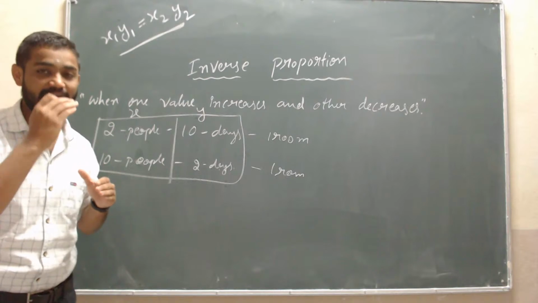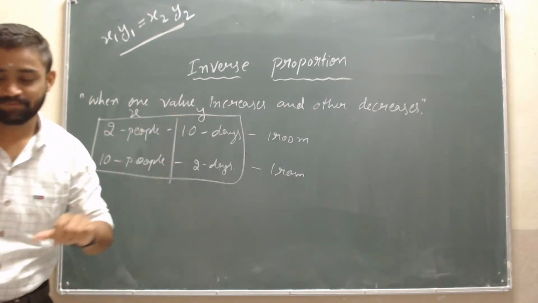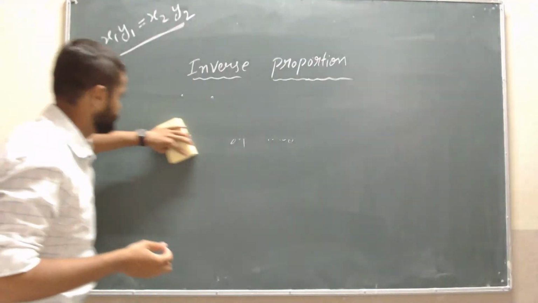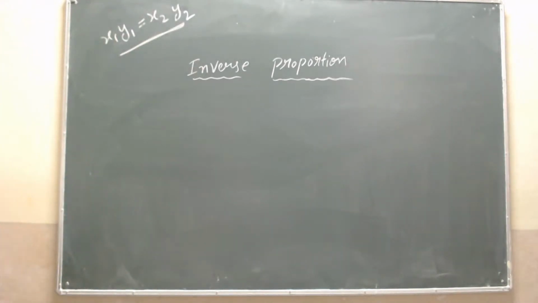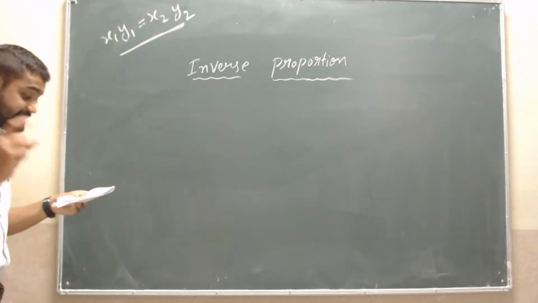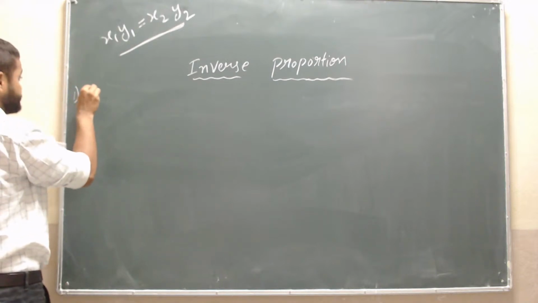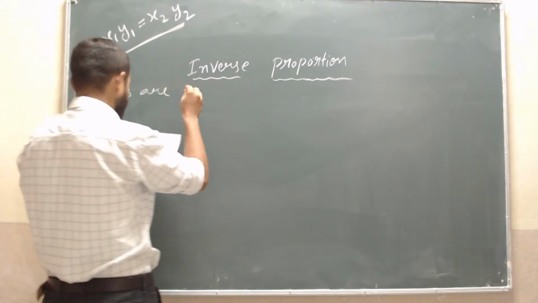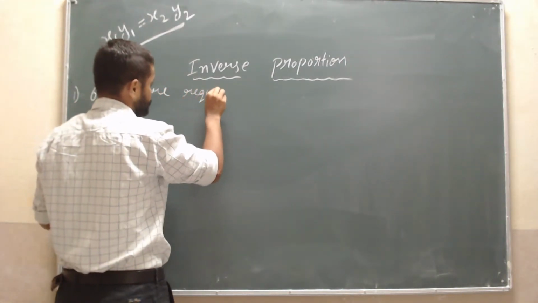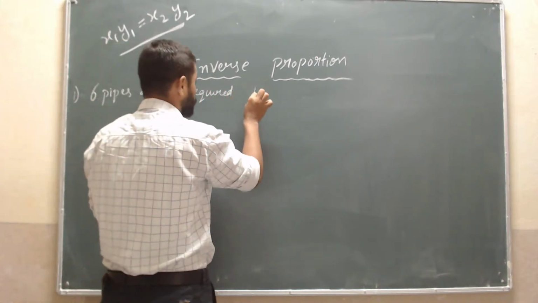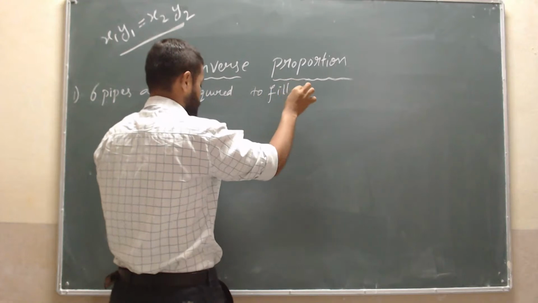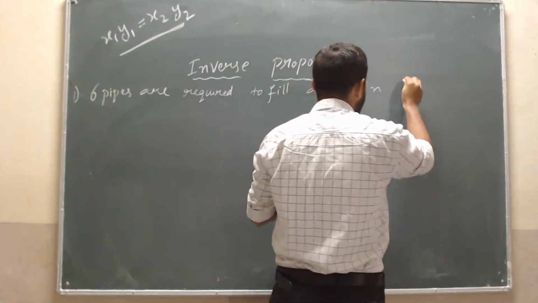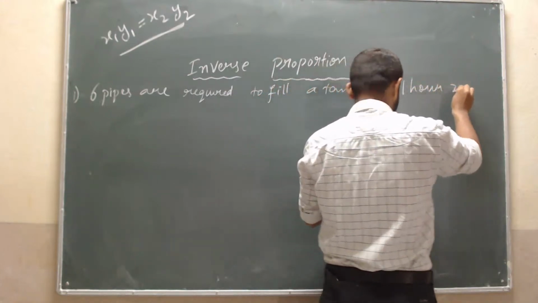Okay, let's see some examples on inverse proportion. The first example: six pipes are required to fill a tank in 1 hour 20 minutes.